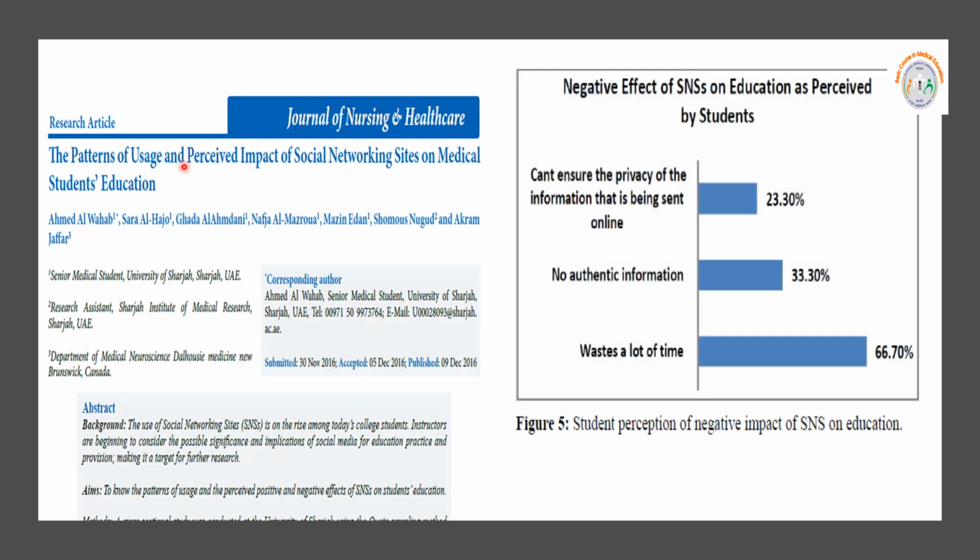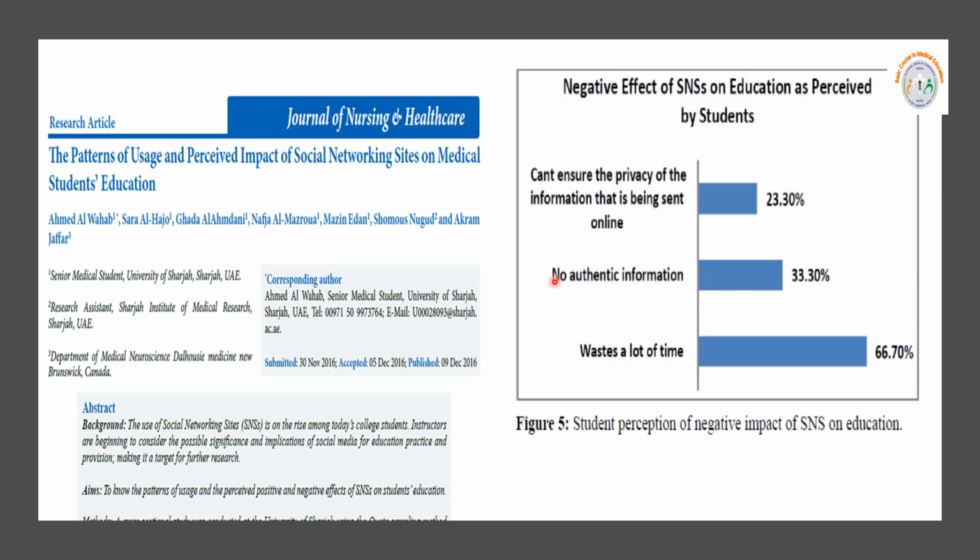There was a paper published on the patterns of usage and perceived impact of social network sites on medical students. Most of the students cited the negative effect of SNS as that it can't ensure the privacy of the information being sent online, and the information may not be authentic.